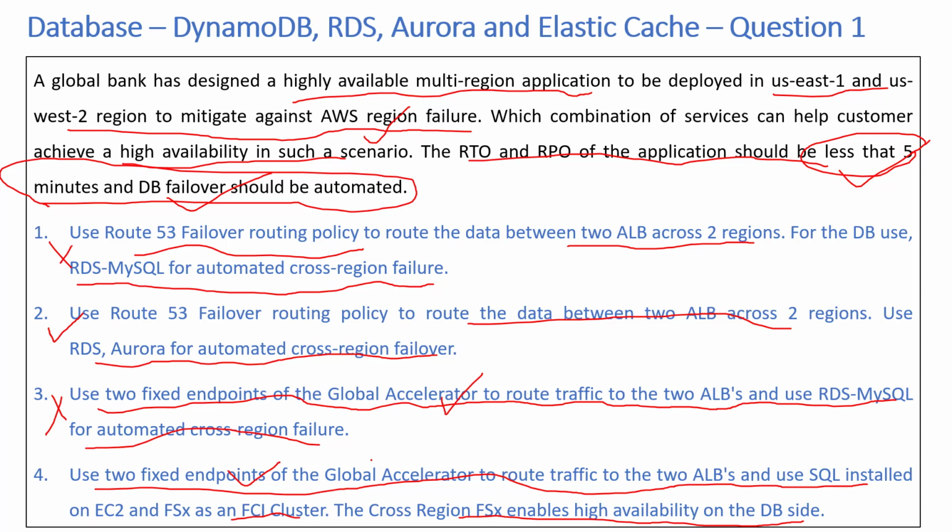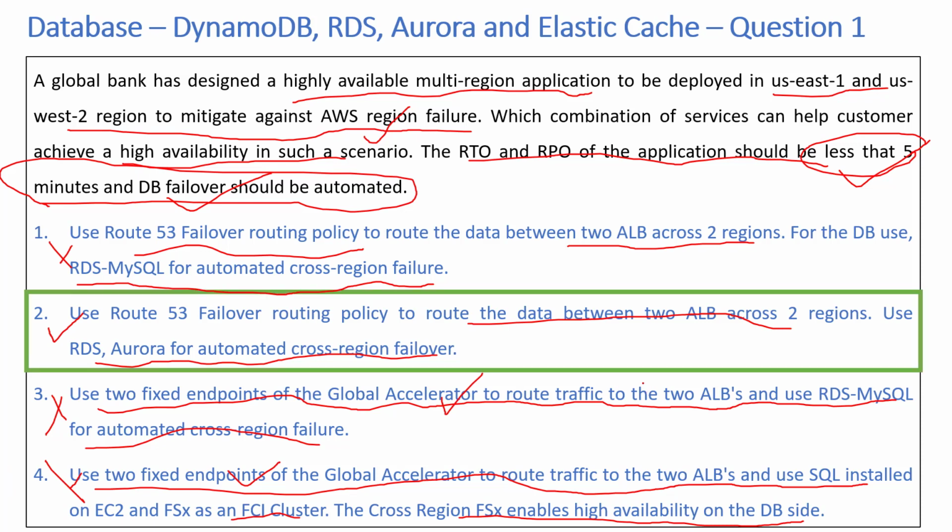The good thing about an FCI cluster is that it is not availability zone specific like an EBS. It works across availability zones, but it is limited to a region. So this will not help us in achieving cross-region failure mitigation. So this is not a correct answer. The correct answer is the second one.